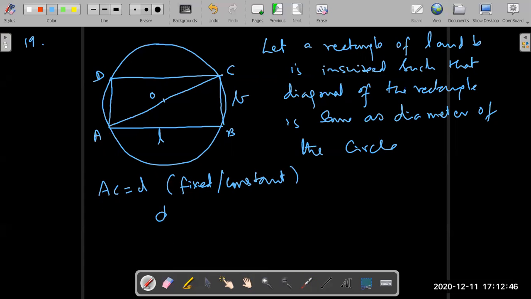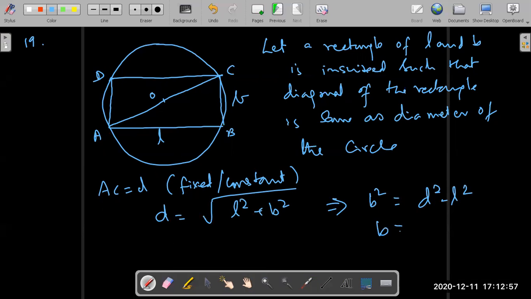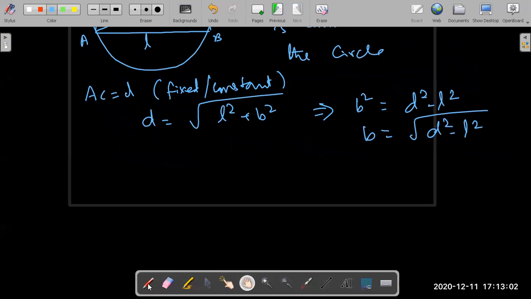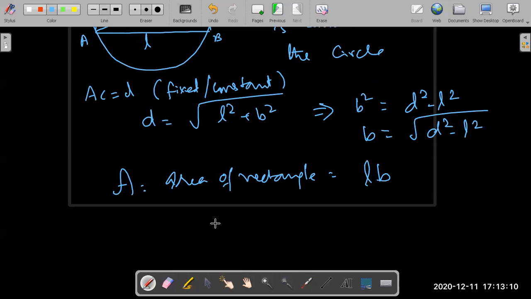So D is equal to the square root of L squared plus B squared. That implies B squared equal to D squared minus L squared. So B is equal to the square root of D squared minus L squared. So the area A of the rectangle is equal to L into B. So A is equal to L into the square root of D squared minus L squared.